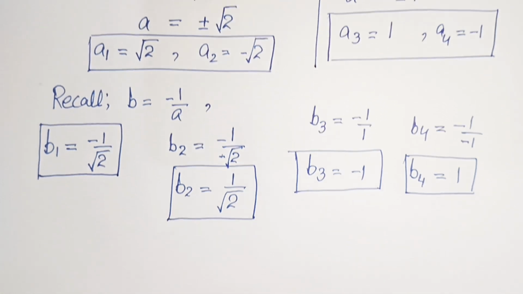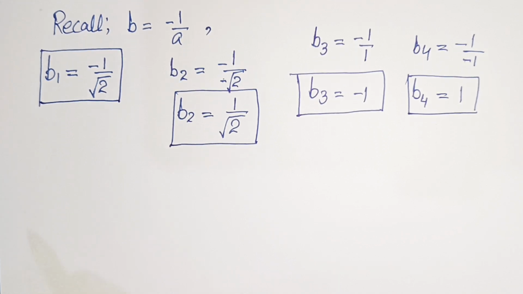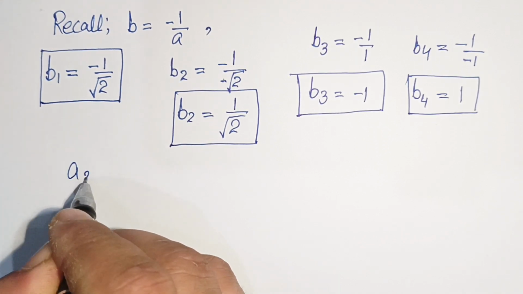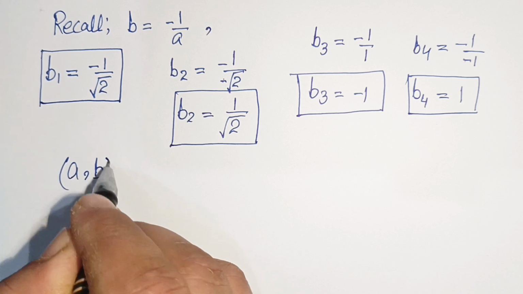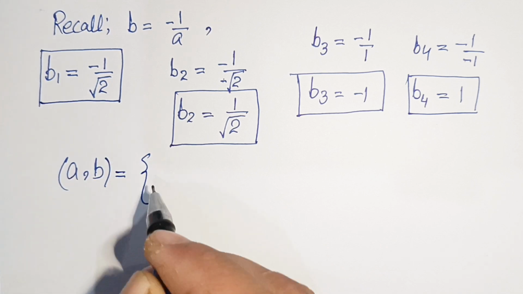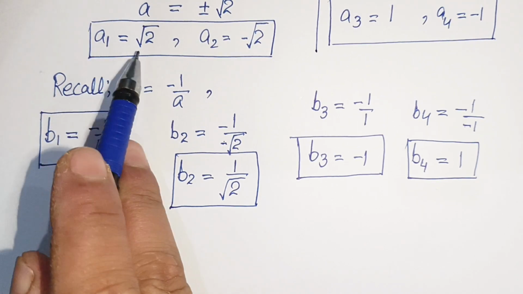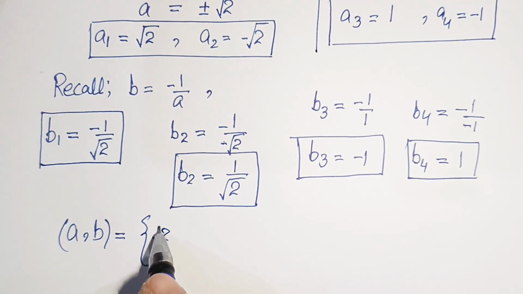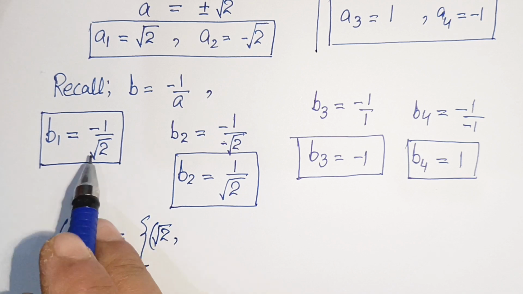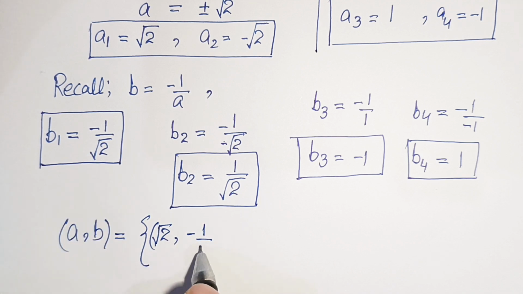Now, here our solution, or the values of a and b, are as follows. We have the first pair, which is when a1 is square root of 2, then the value of b1 will be minus 1 over square root of 2.